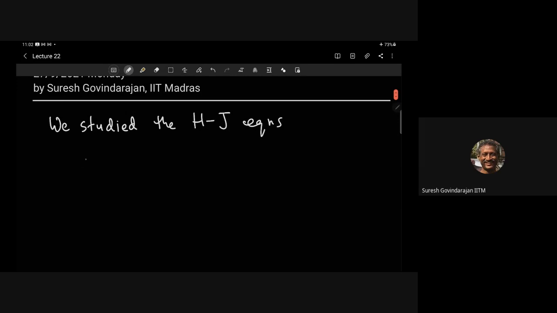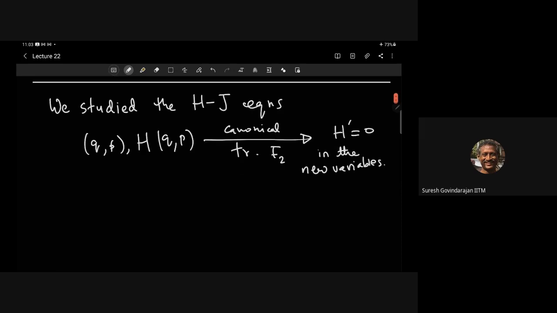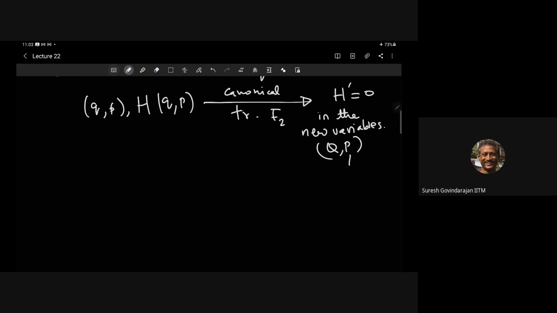Okay, so the idea was we have some variables Q and P and a Hamiltonian of Q and P, and we try to make a canonical transformation to some new variables, of type F2, where H prime was 0 in the new variables Q and P. And a few features where P came out as an integration constant.